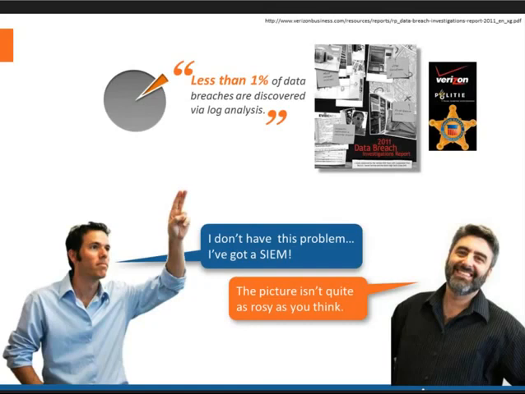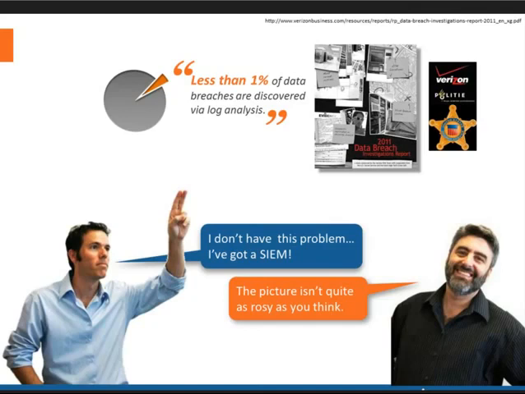Well, first of all, the evidence clearly points to it, and I'm referring to the 2001 Data Breach Investigations Report by Verizon Business and the U.S. Secret Service and the Dutch High-Tech Anti-Crime Division, which pointed out that less than 1% of data breaches are discovered via log analysis. That's a shocking statistic.